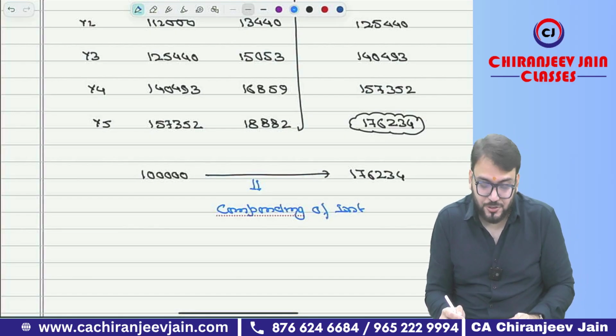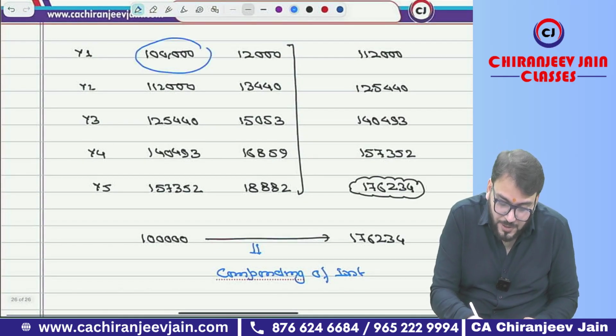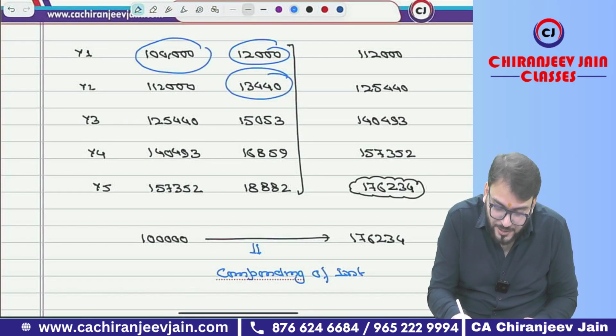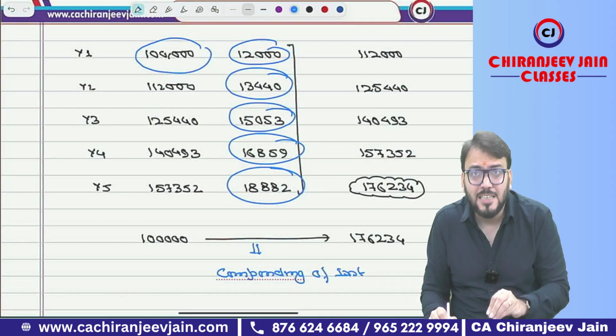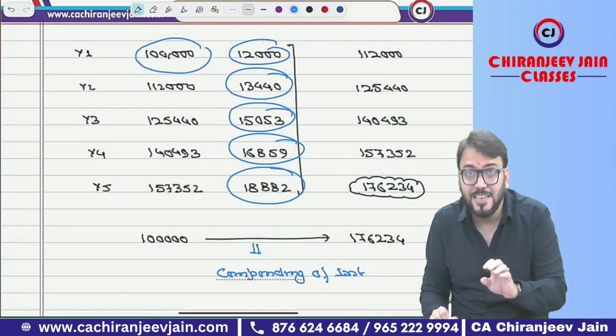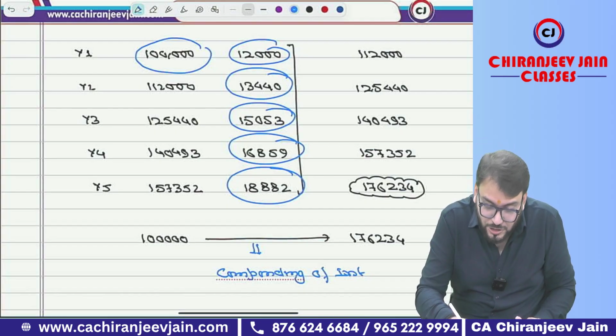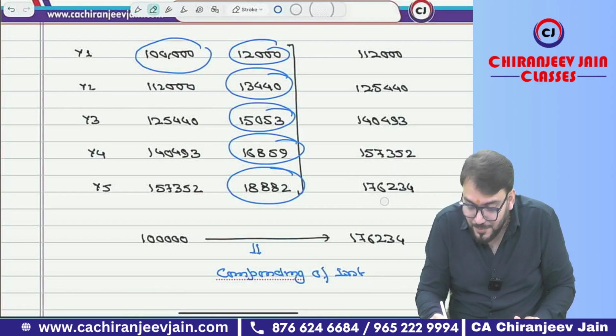Means we are adding interest. You can see in 1 lakh, we have added this much interest on a compounded basis. Compounded basis means on interest. In the second year, we are also adding interest. That is known as compounded basis. This is known as compounding of interest, and we are getting future value.